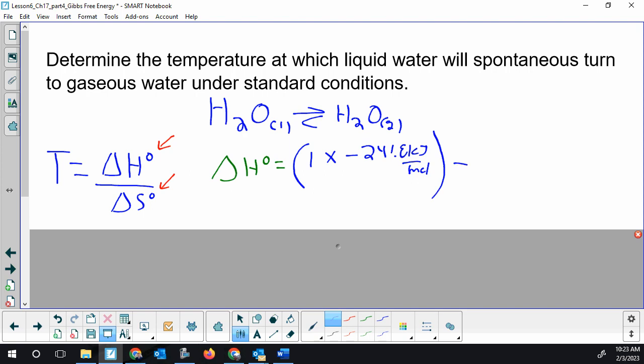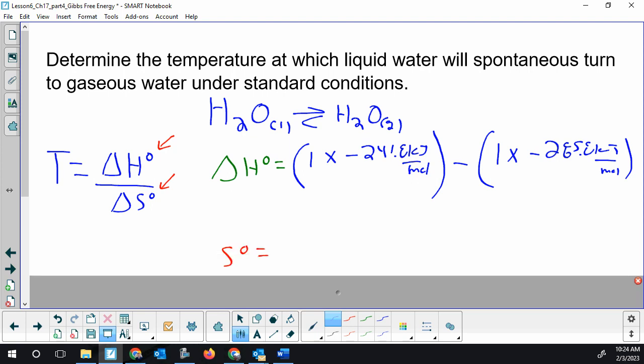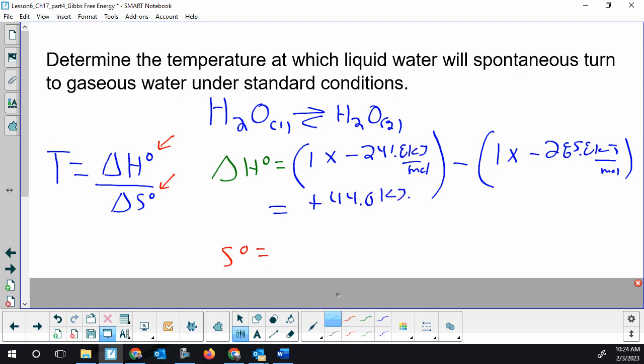So that's our water vapor product minus the reactant, 1 water liquid, minus negative 285.8 kilojoules per mole. And I believe I used Chang version 11 as my data source for solving this. So our change in enthalpy is a positive 44.0 kilojoules per mole.